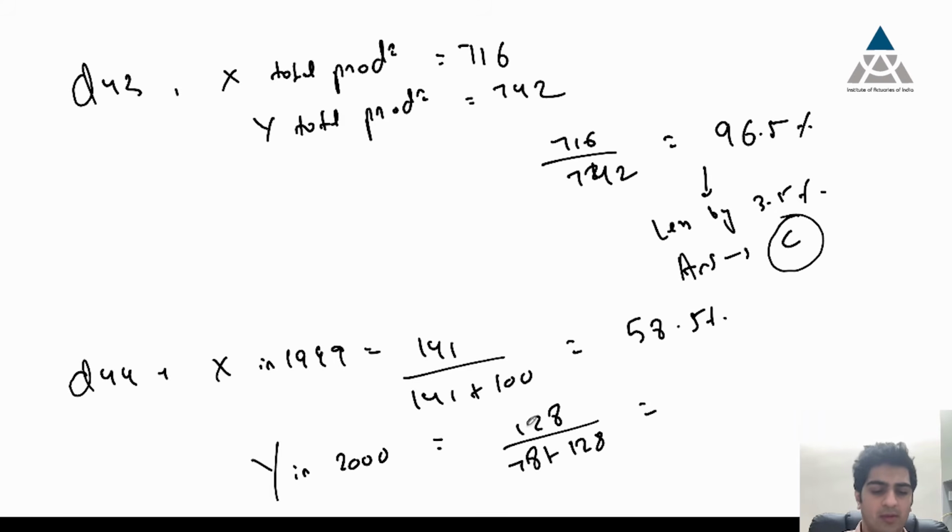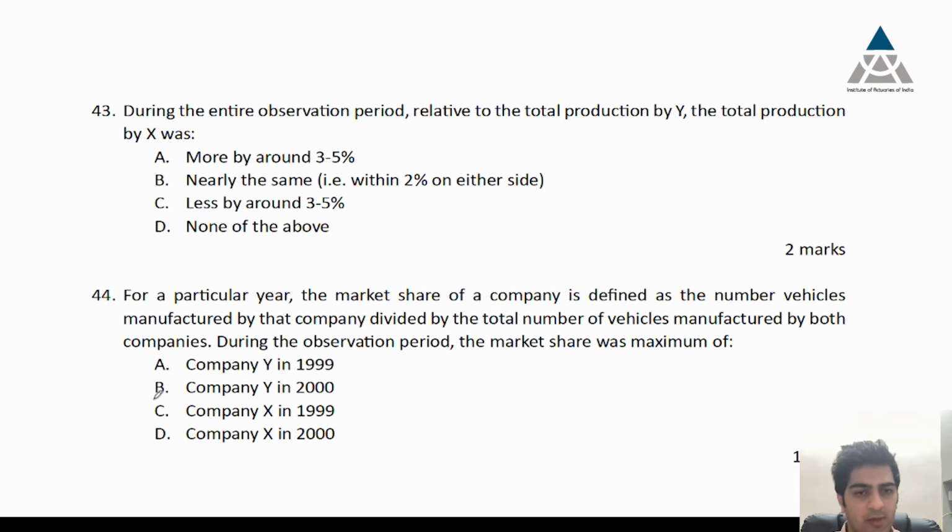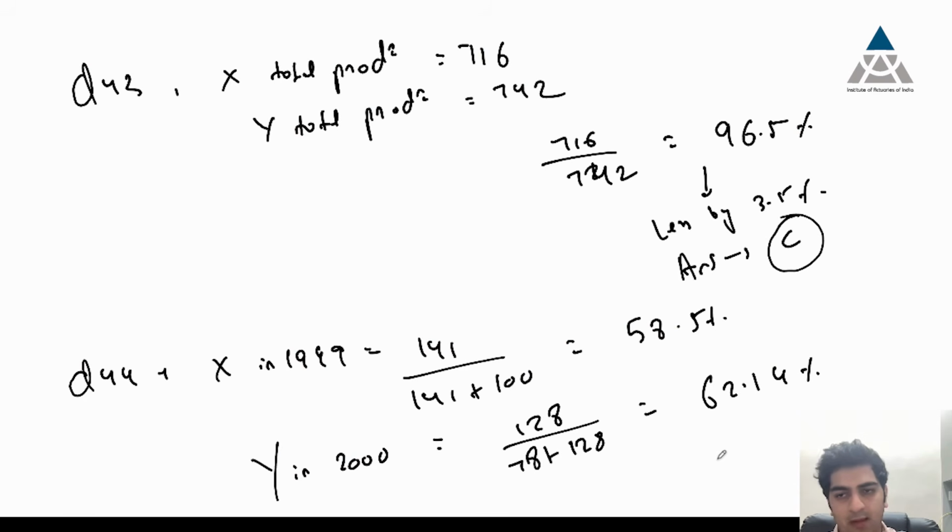So that comes to 62.14%. And you can clearly see that Y in 2000 had a much higher market share. So that is why Y in 2000 is the correct answer, which is option B. So the answer to question 44 is option B, correct?